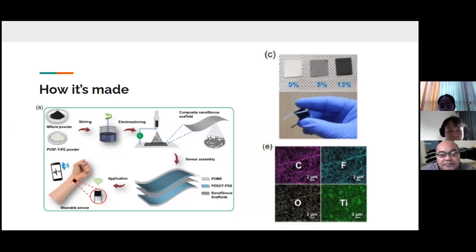Then the PEDOT:PSS solution was mixed with ethylene glycol and 1% DVS, and the solution was stirred for 30 minutes, then spin coated and given O2 plasma treatment.